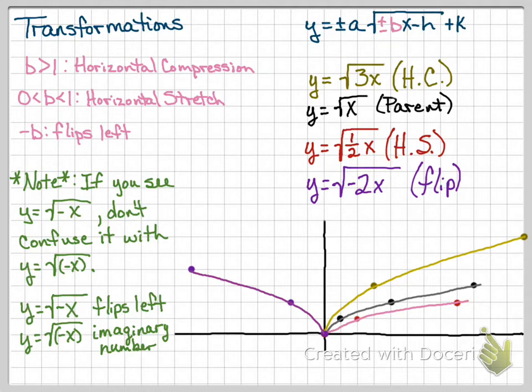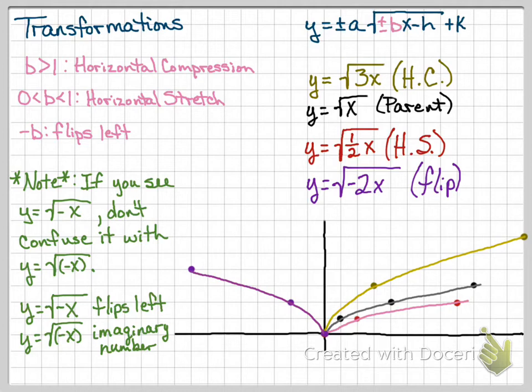Okay, now I made you a note here. If you see y equals the square root of negative x, do not confuse it with y equals the square root of parentheses negative x. Y equals the square root of negative x, not in parentheses, has your negative going with a 1 in front of the x.